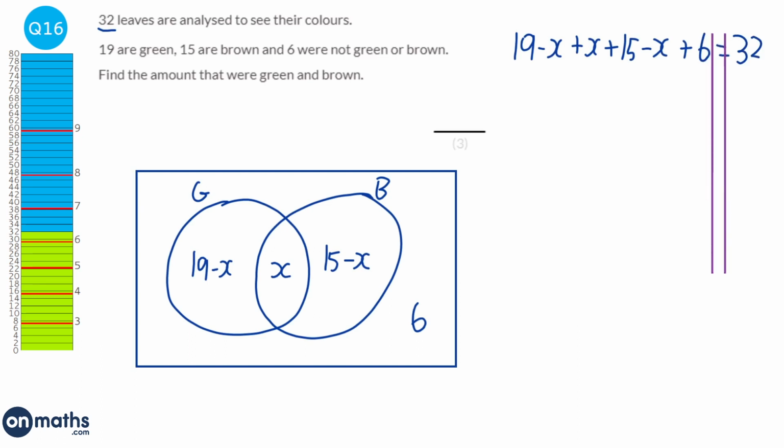And let's get our solving lines in. So we've got minus X and minus X, that will be a minus X. And we've got 19 plus 15 plus 6, which will be 40, equals 32. We're going to take away the 40 both sides.